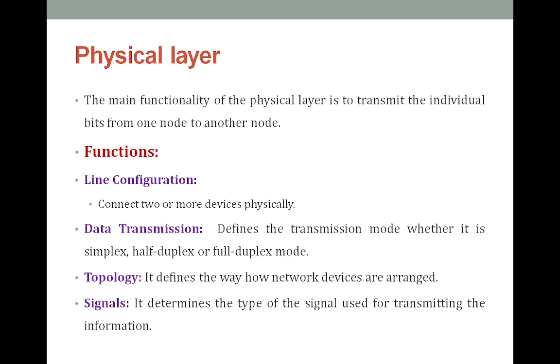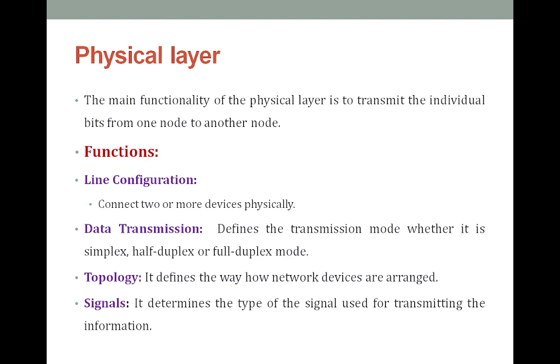So let us discuss simplex, half duplex, and full duplex communications. Simplex communication means that the data is transferred from source to destination only. In half duplex communication, each device involved in the data transmission performs either the sending or the receiving process at a time.